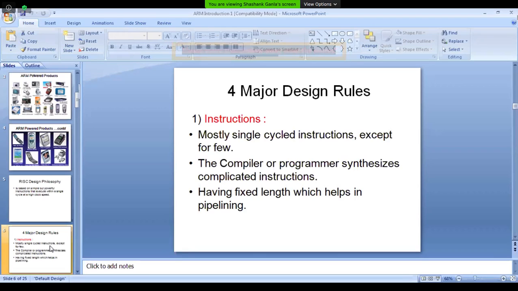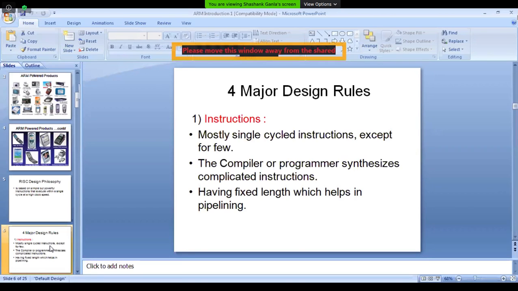Since the instructions are fewer in number in the RISC architecture, the programming burden increases for the programmer. Since the programming burden increases for the programmer, suppose a person is designing a C compiler for a RISC architecture and the same person is trying to design a C compiler for a CISC architecture.